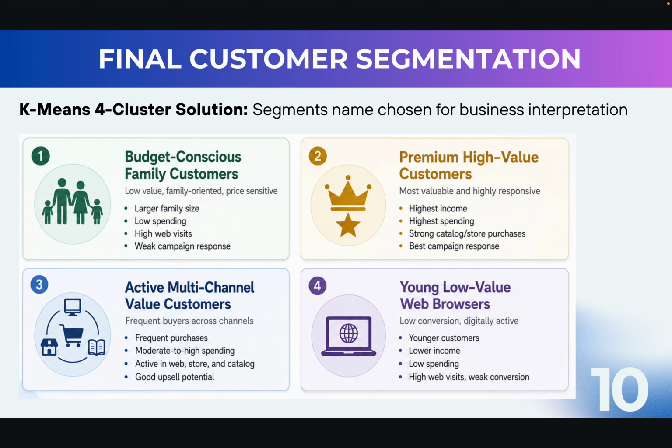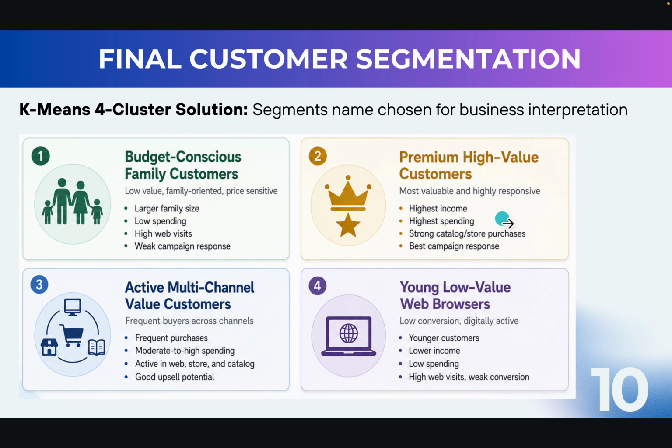Okay, so after doing the modeling, I would like to discuss in terms of business sense. Based on the K-means 4 cluster solution, I give the clusters some names and describe their characteristics here.